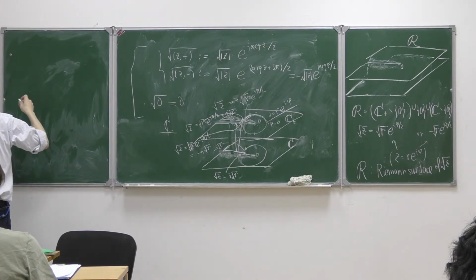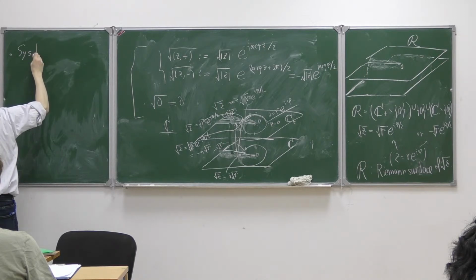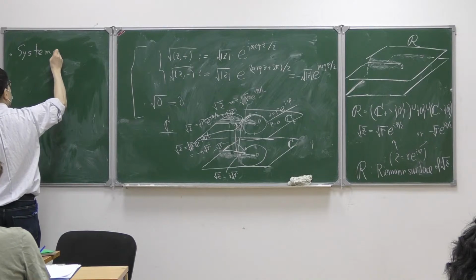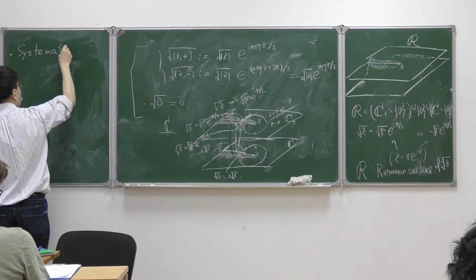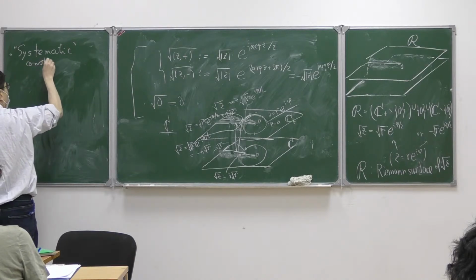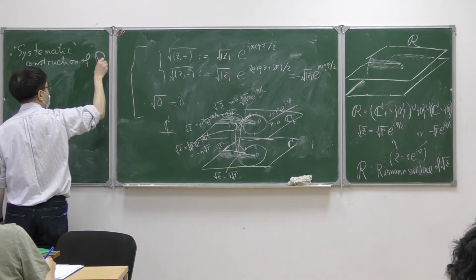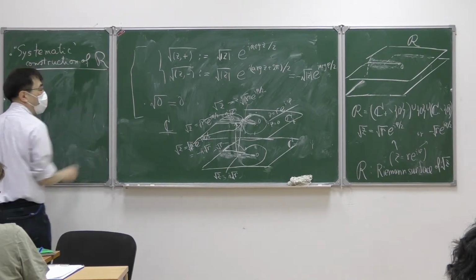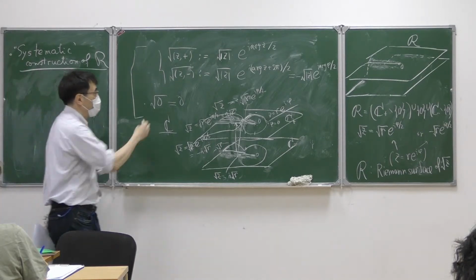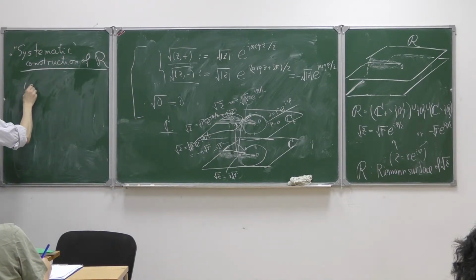Another more systematic, but maybe hard to say what is happening, is the following. We used, as you asked, something like this, z plus and z minus.